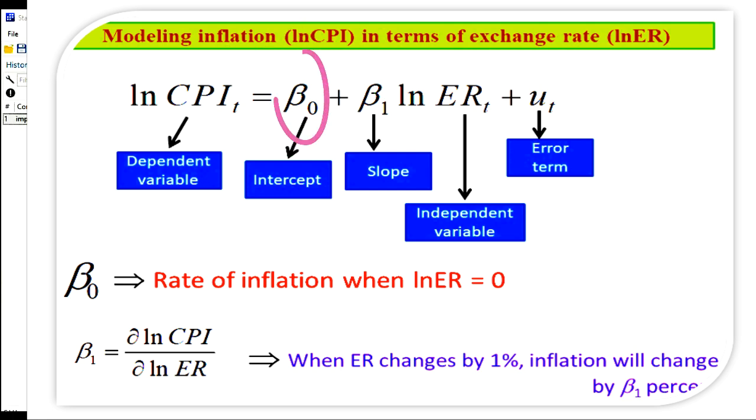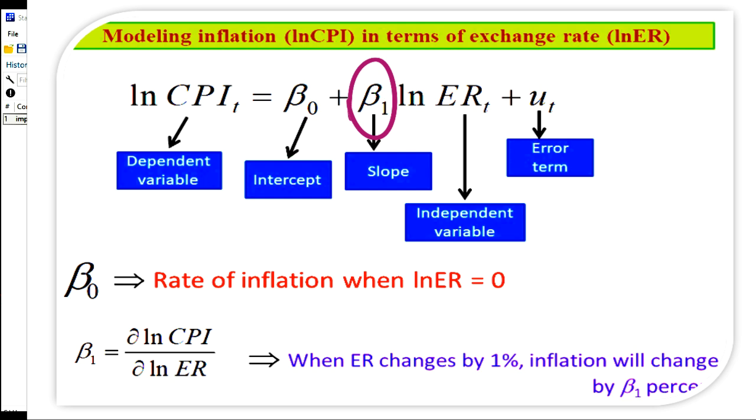Beta naught is the model intercept, which is the average value of inflation when the value of exchange rates is equal to 0.